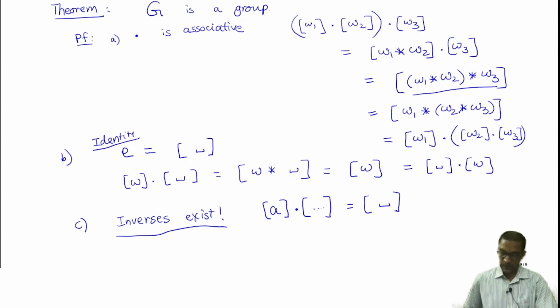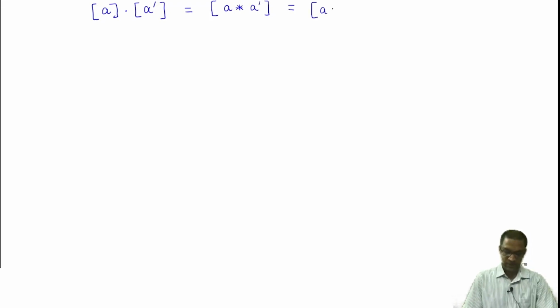Observe that, by definition, we already know something. Let's perform a simple computation here. If I take A and multiply it with the equivalence class of the element A prime, then by definition this is the equivalence class of the concatenation, the word A with A prime, which is just A A prime, the word of length 2.